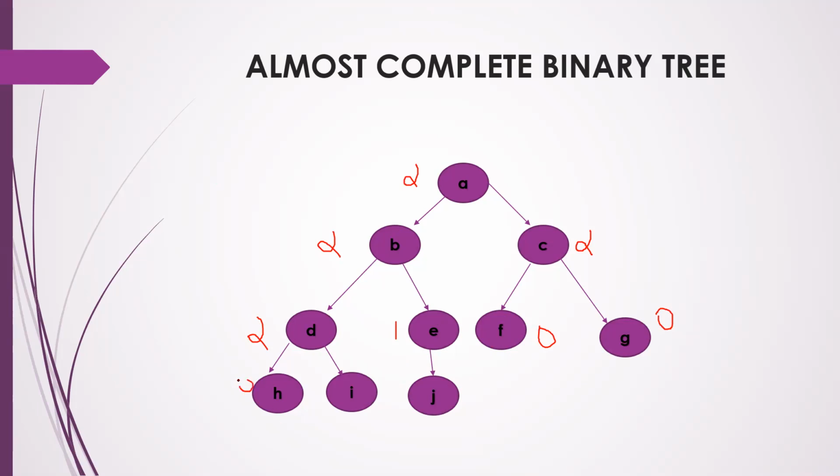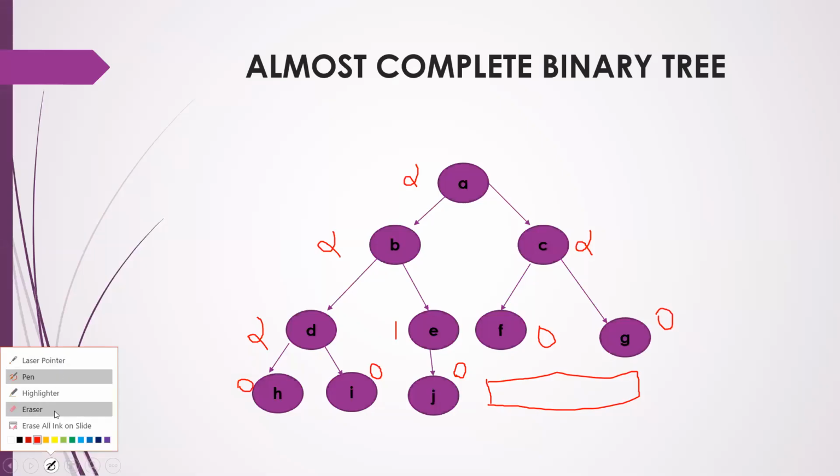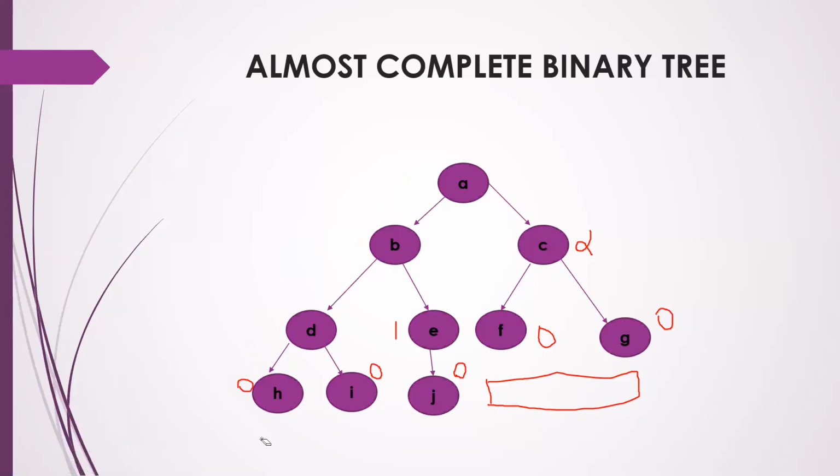H has 0, I has 0. So only at the last level there are some gaps. Otherwise, it is fully filled, right? So that is what is known as an almost complete binary tree.